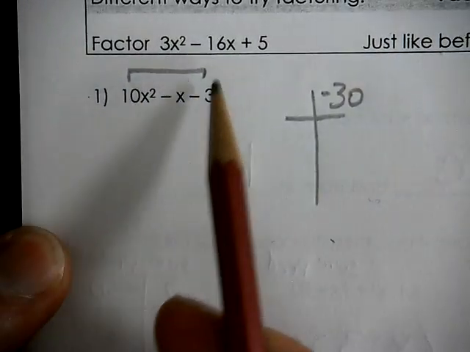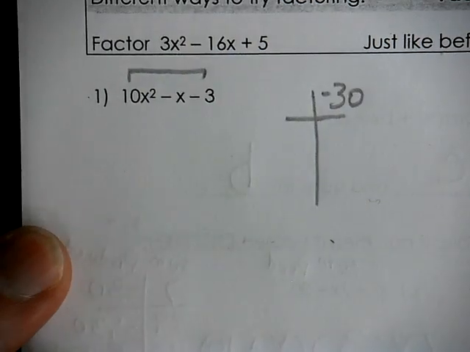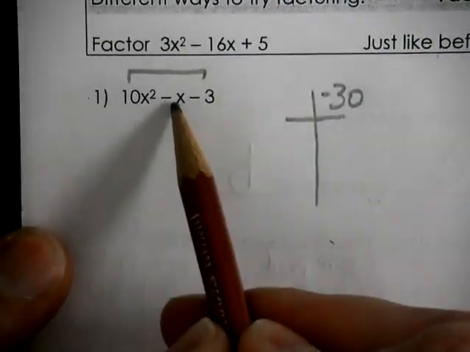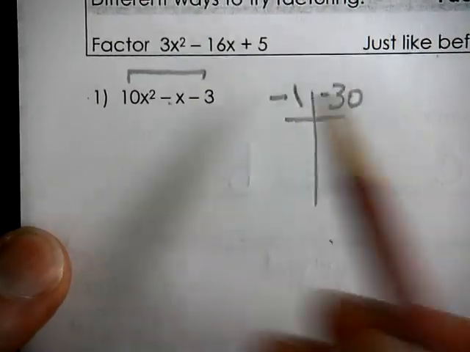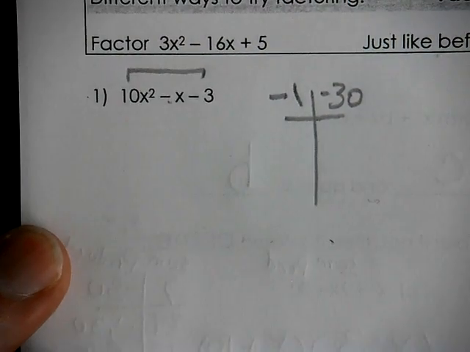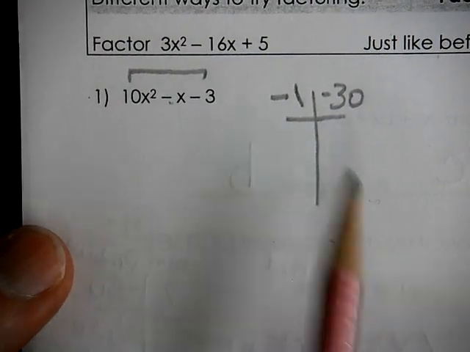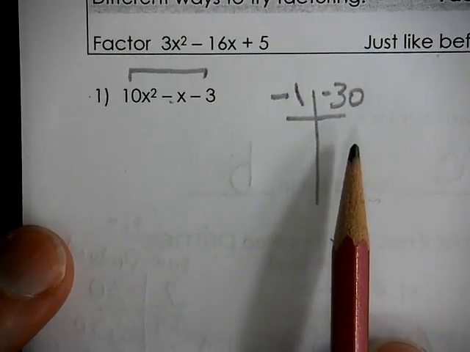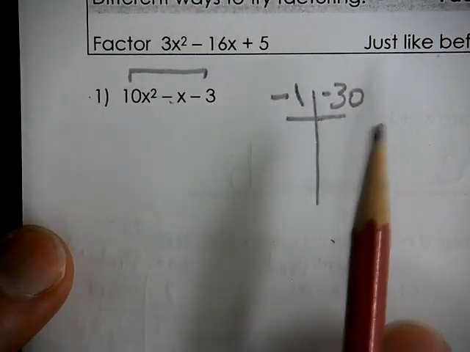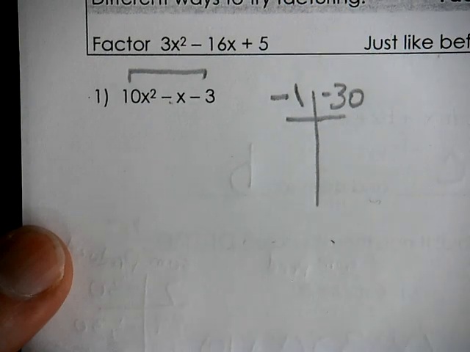You have to use the 10 in your calculation. That adds to be the b value, which is the negative 1. If you know the two numbers that multiply to be negative 30, that add to be negative 1, you can put them in the table right now.